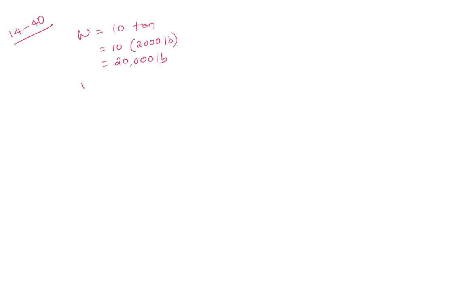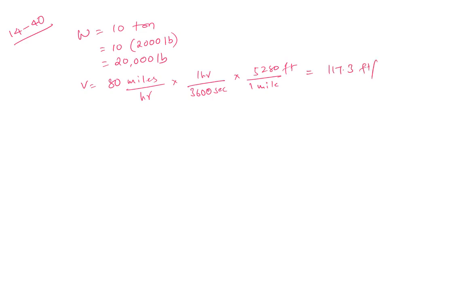Velocity is 80 miles per hour, so let's convert it to feet per second. A mile has 5,280 feet in it. So when you do all of that, you get 117.3 feet per second. Okay.